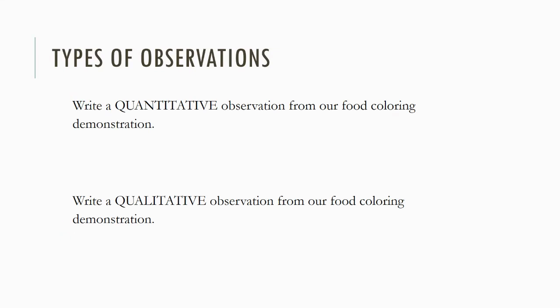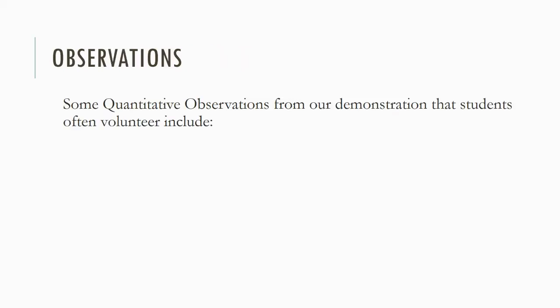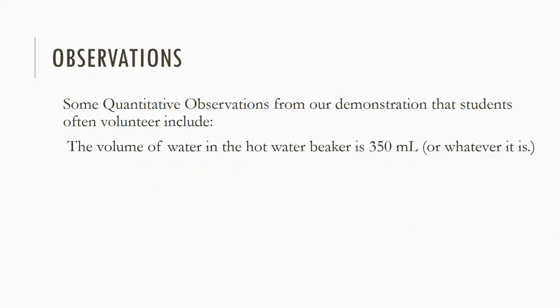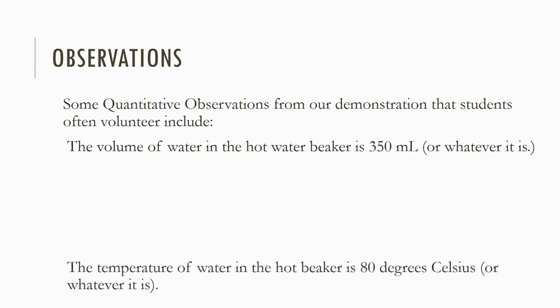All right, now that you've had a chance to make some of your own observations, let's look at some generic quantitative and qualitative observations. Some quantitative observations from our demonstration that students often volunteer might be the volume of the water was 350 milliliters, or whatever you might believe it is.